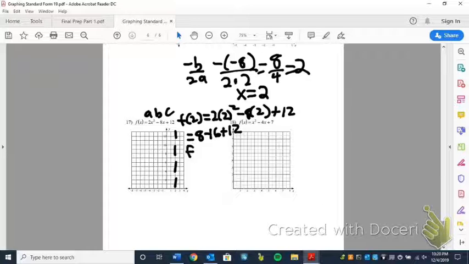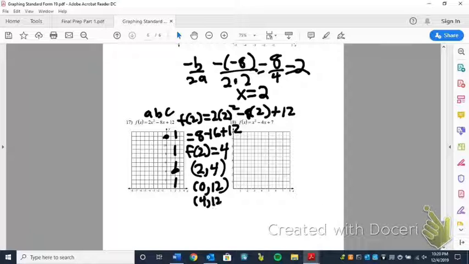Negative 8 plus 12 is 4. So I know my vertex is at 2, 4. I graph that. Graph my y-intercept, which occurs at 0c, 0, 12. And then flip it over the line. 4, 12.